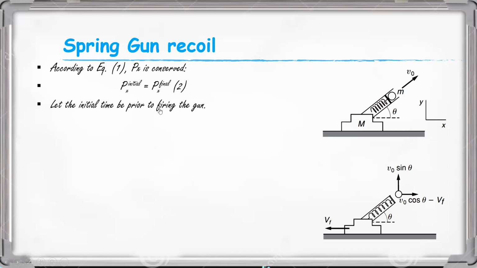Let us take the initial time to be prior to firing the gun. Because the system is initially at rest, px initial must be equal to 0.